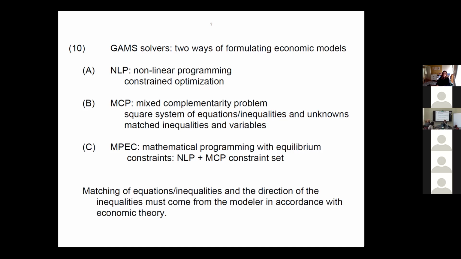So these are basically square systems of equations and inequalities and unknowns where inequalities are matched with specific variables, and that matching has to be correct, not arbitrary. And I'll give you an example of this in just a couple of minutes.